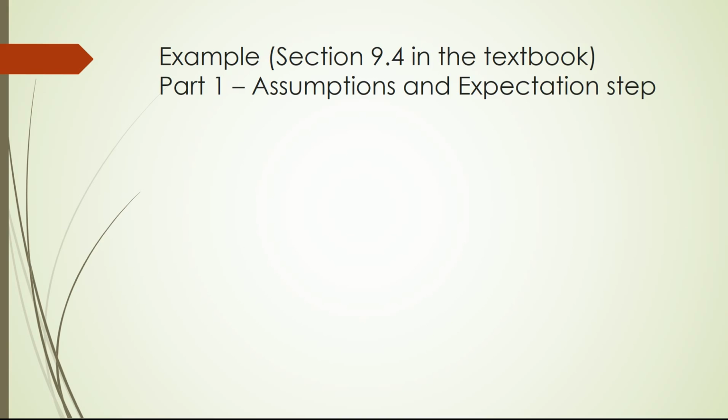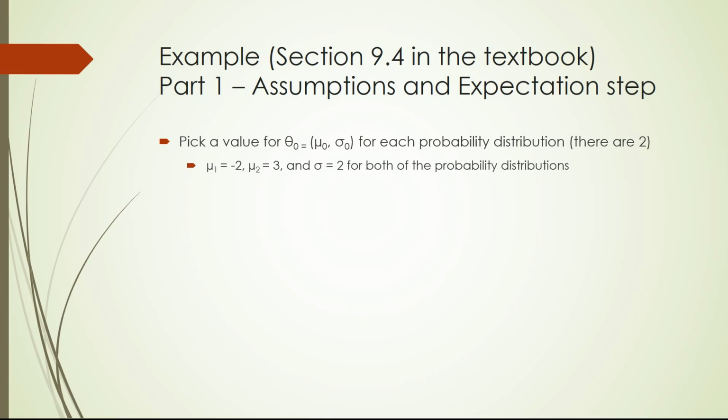Okay, now we're going to look at an example. So first, we'll pick the initial values for theta for each of the two distributions. We'll use -2 as the value for the median of the first distribution, and 3 for the second. We assume the covariance for both distributions is 2.